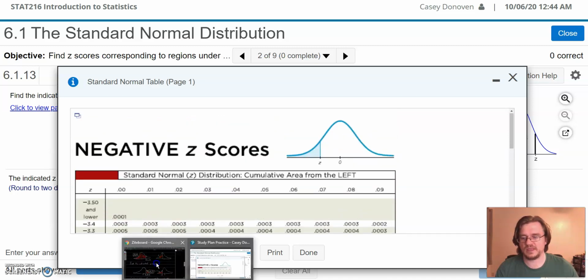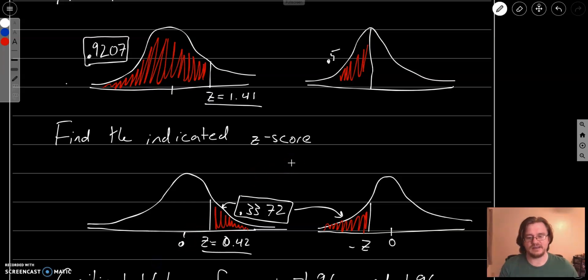And yes, this z-score is negative 0.42, but we know that it's on the wrong side. We want to flip it over, so we negate it to find z is equal to 0.42 instead.